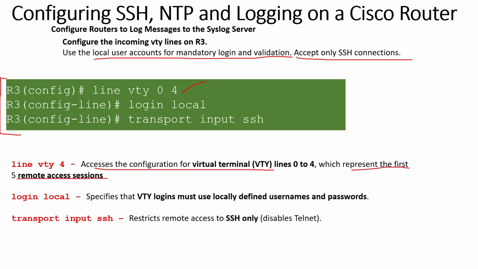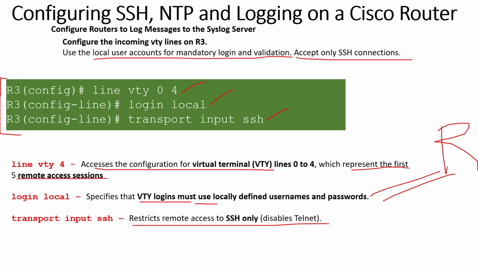sessions. The next command, login local, specifies that VTY logins, or virtual terminal logins, must use locally defined usernames and passwords. So the usernames and passwords are inside the router itself. The next command is transport input ssh.